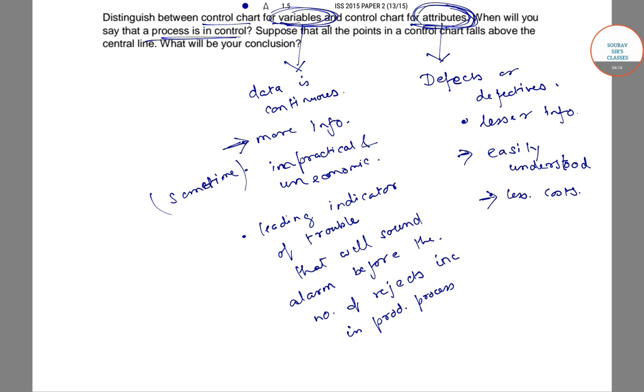So this is the difference between the control chart for variables and control chart for attributes.